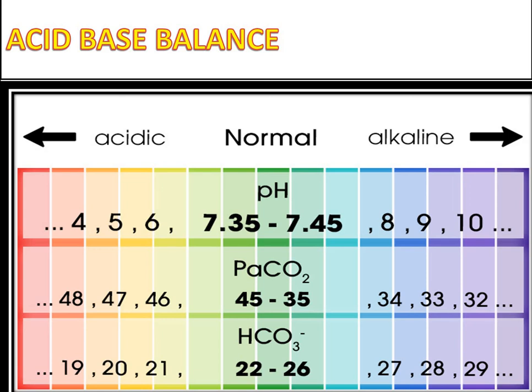Then in case of diarrhea, what happens? A lot of electrolytes, including potassium and bicarbonate, are lost from our body. Bicarbonate is an alkali, it is a base, no? So when bicarbonate is lost from our body, the alkaline nature decreases, so the body goes to a stage of acidosis. Clear, no? So these are the problems that happen with a change in the pH.